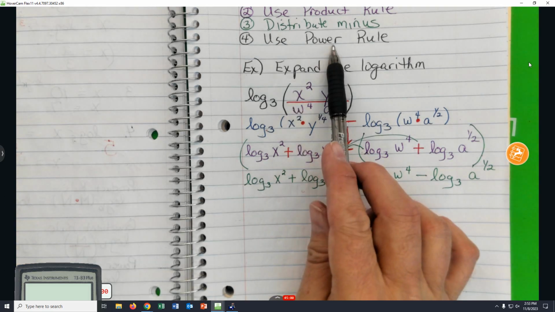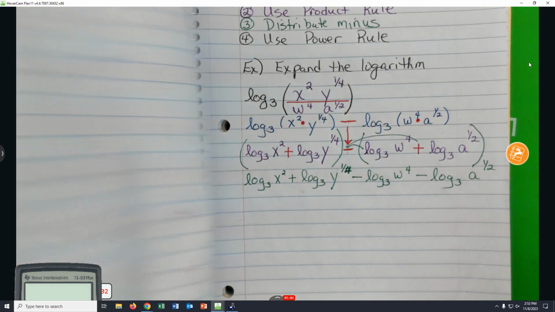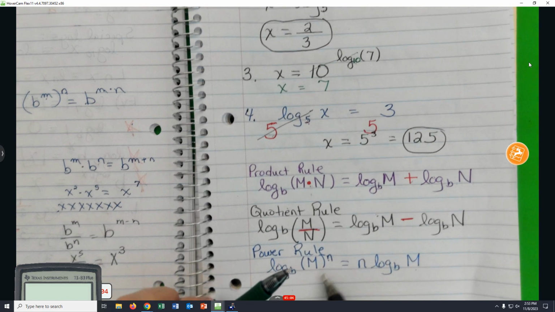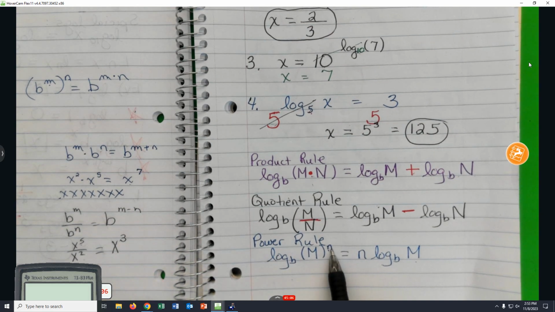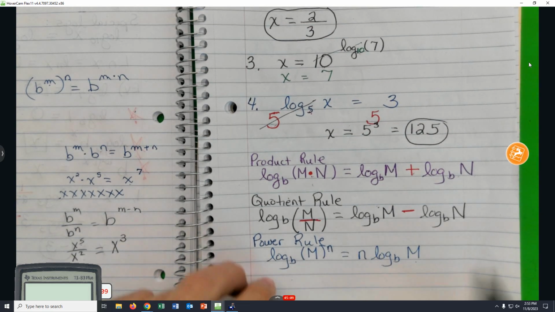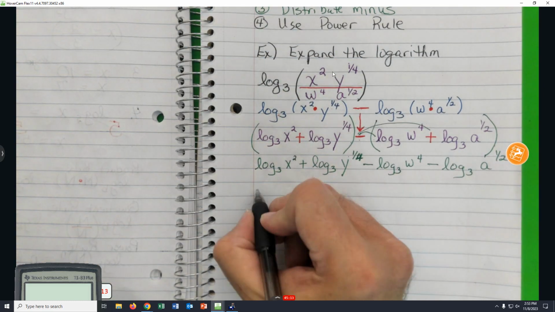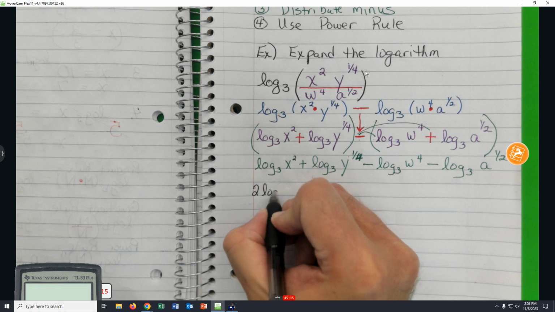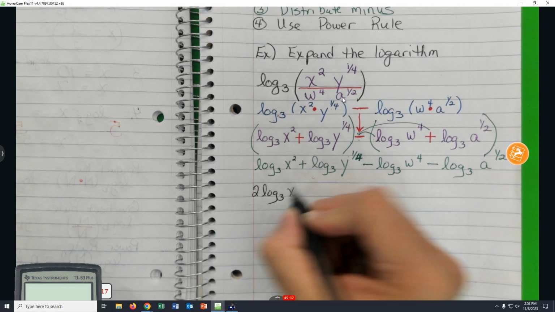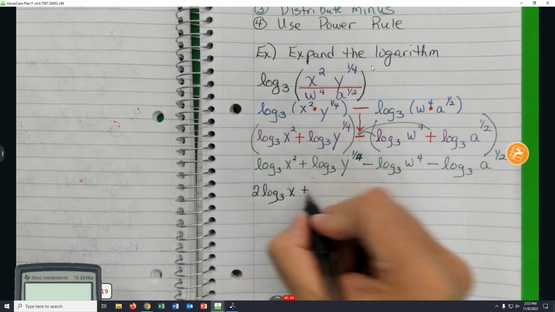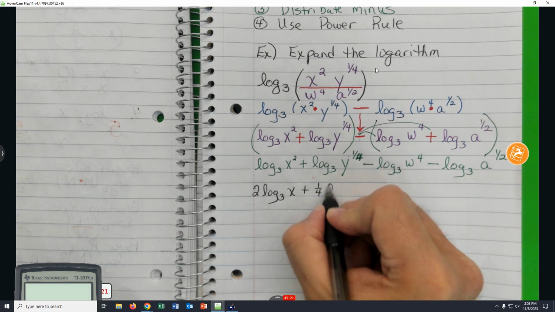Use the power rule. The power rule said if you have an exponent at the end of the logarithm, move it to the front of the log, the letter L. Realize you couldn't have done that to begin with because there's not an exponent out here being applied to every one of them.